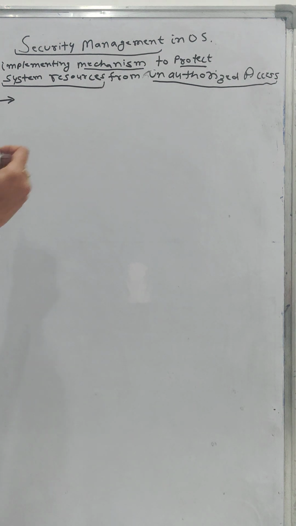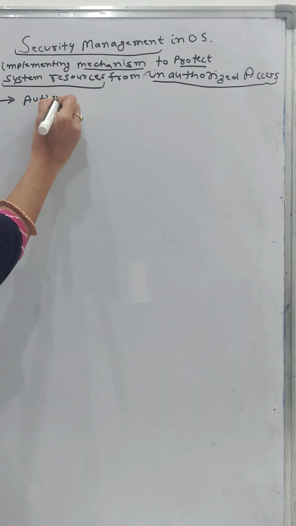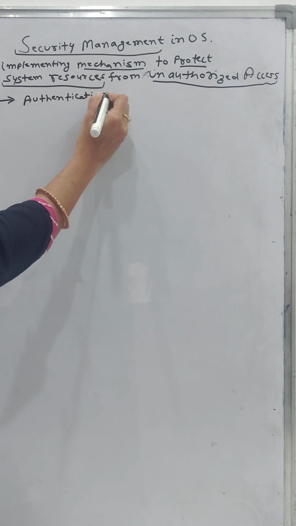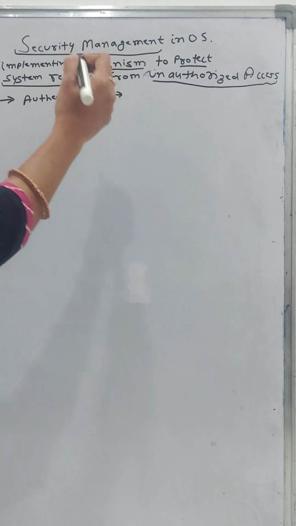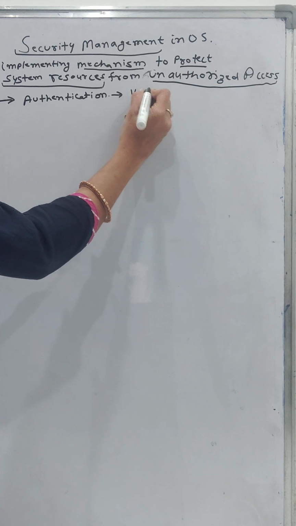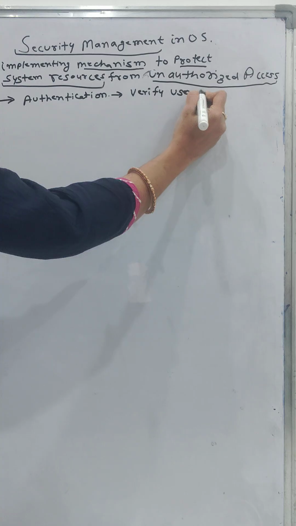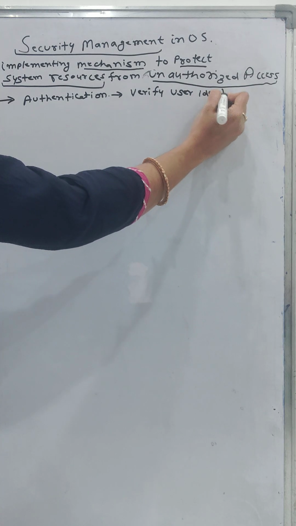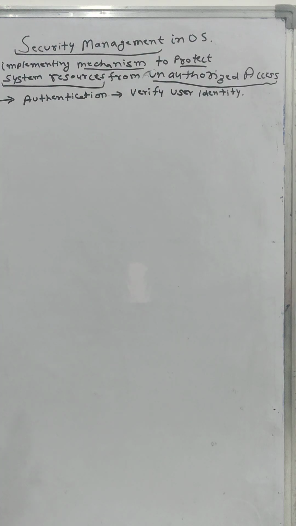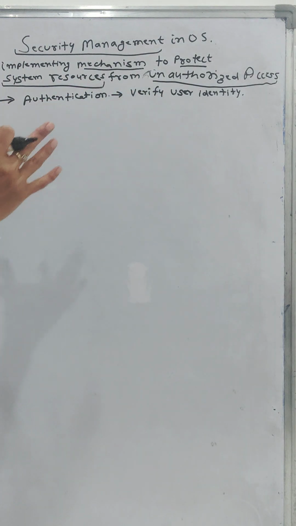So first one is authentication. This will basically verify user identity. Each system has some set of user accounts.